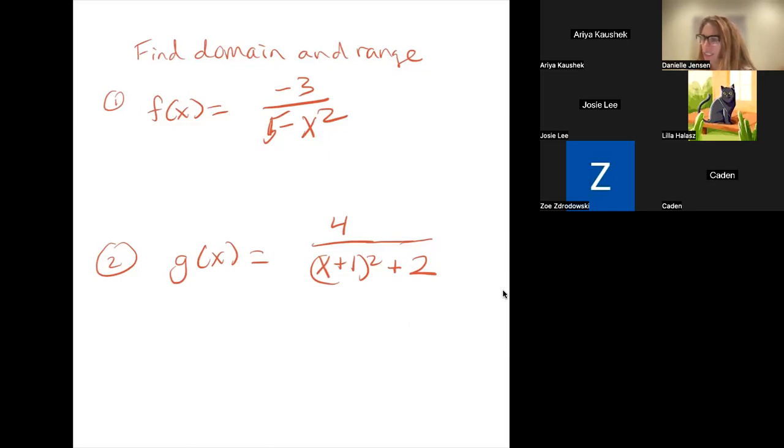All right, let's look at the first one. What did people get for the domain of the first one? When would the denominator be 0? I got plus or minus √5.